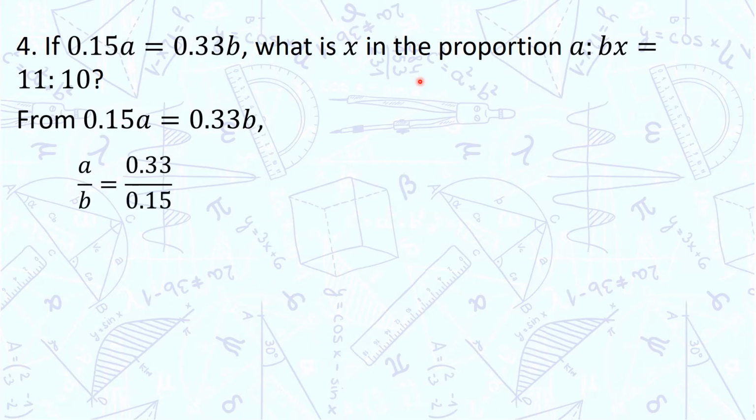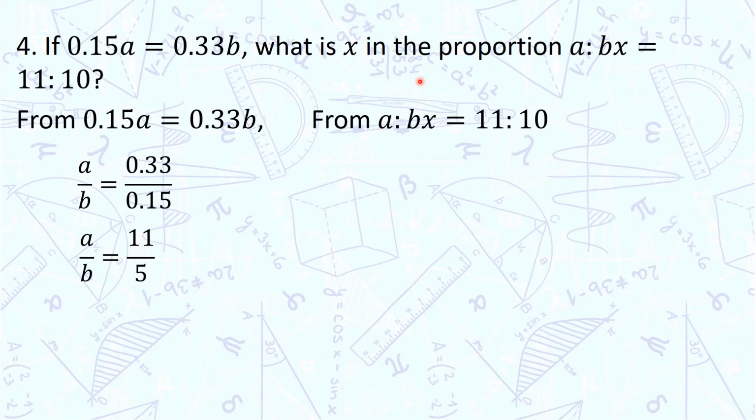So we divide both sides by b, and then also divide both sides by 0.15. We'll get a over b equals 0.33 over 0.15. Let us simplify the complex fraction on the right hand side of the equation. That will be 11 over 5.